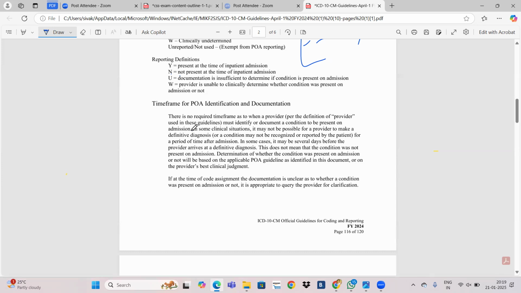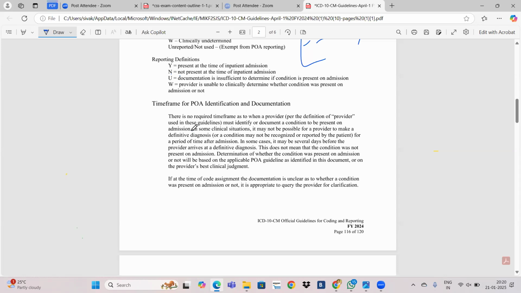Please write down this question. What is the time frame to assign the POA indicator? Unlimited time frame or there is no time frame. The remaining options they will give are 15 days, 20 days, 30 days like that. This question you will get in the exam. Any doubt in this question? What is the time frame to assign POA indicators?